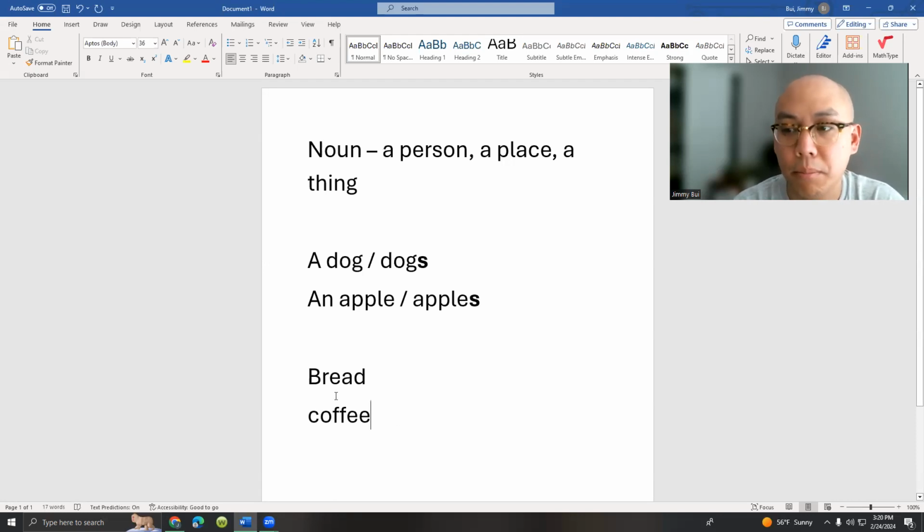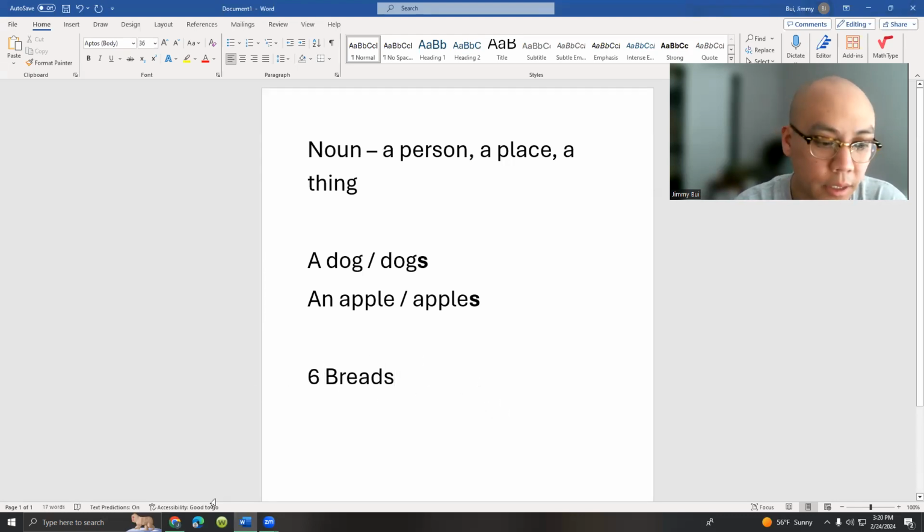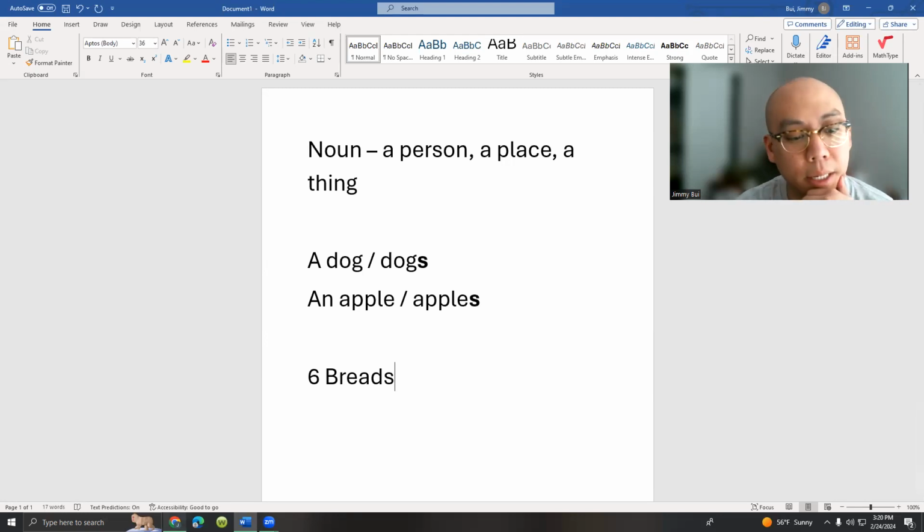Coffee, we don't say a coffee or coffees, right? The plural form and the singular form are the same. Of course, we can't say 6 breads, 6 coffees, and so we need to use terms to show a volume or measurement in a sense, okay?